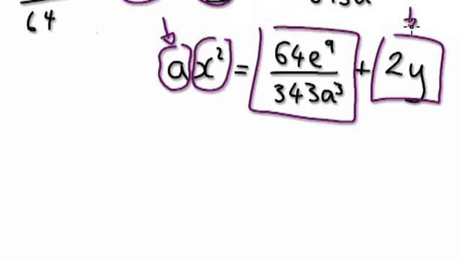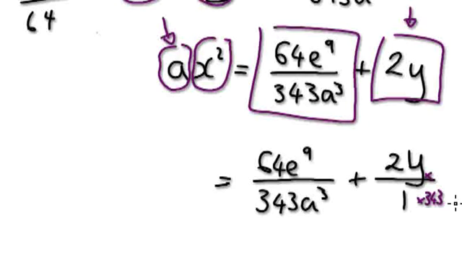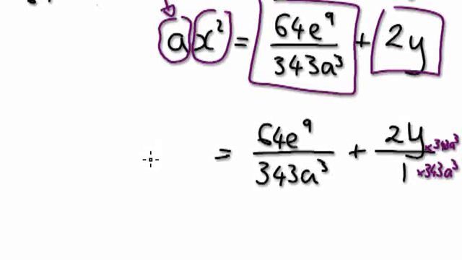So let's turn this thing into a fraction. So 64e to the power of 9 over 343a to the power of 3 plus, well, turn 2y into a fraction over 1. Now times top and bottom by the same thing, 343a to the power of 3. This side will be ax squared.